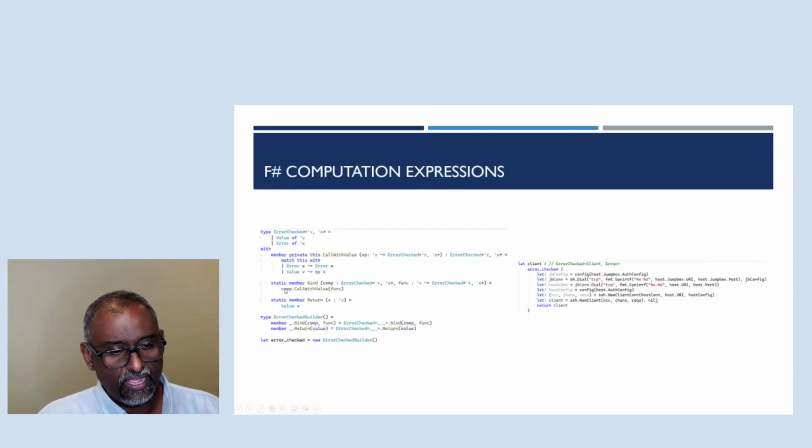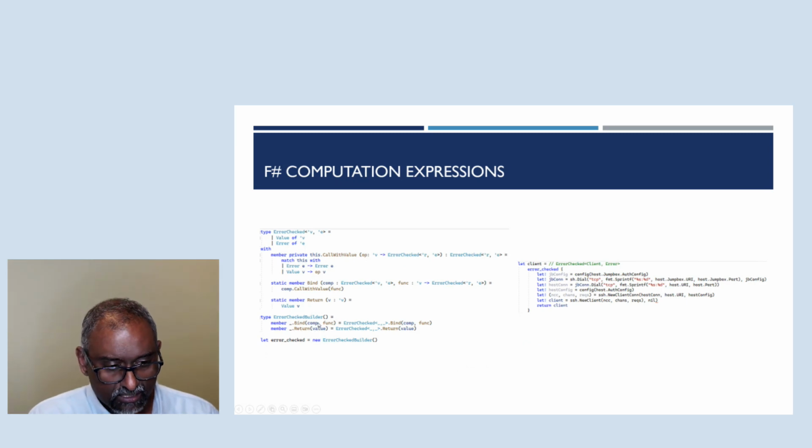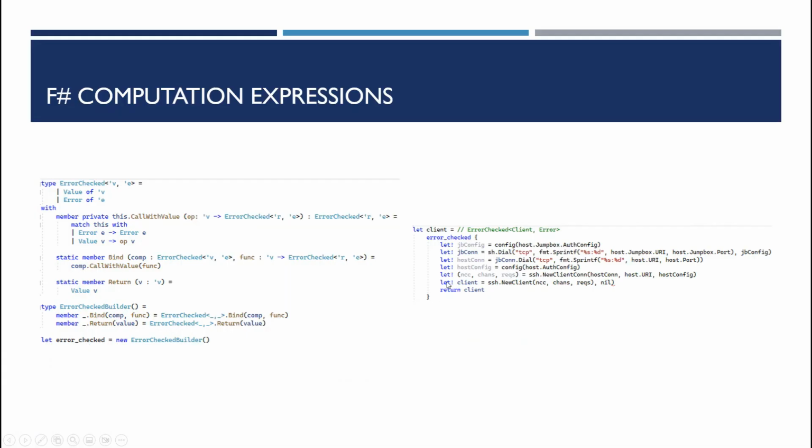You do that by adding these two methods called bind and return. They're well-known functions. You don't need to add them into the class itself, but you need to add them in this error-checked builder class, and you create an instance of this. And when you do that, then you can write a bit of code that looks very similar to the standard F# code, with the exception of this let bang thing and this error-checked context.